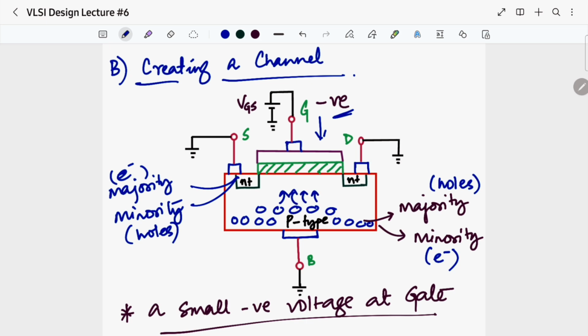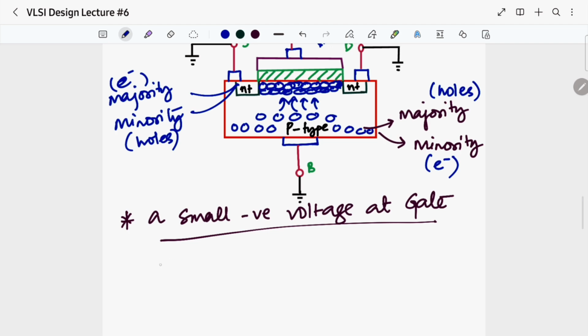They will be nearing this portion, isn't it? So all the holes will get attracted towards the surface of the substrate. Now when that happens, what will we say?